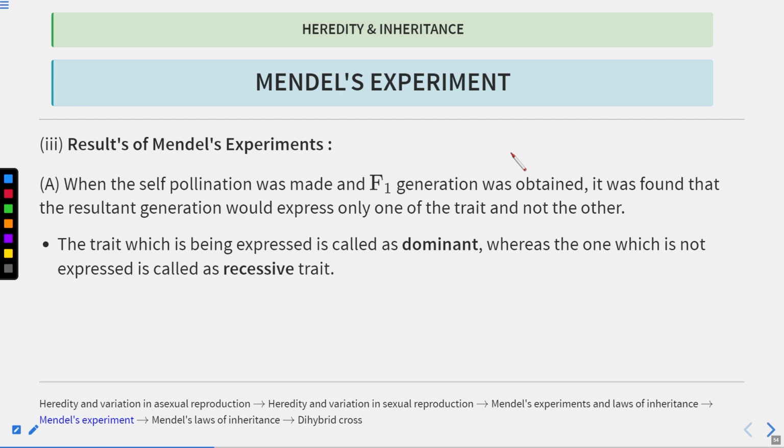Now let's study the results of Mendel's experiment. What were the results? When self-pollination was made and the F1 generation was obtained, it was found that the resultant generation would express only one of the traits and not the other. So the recessive trait was not expressed.